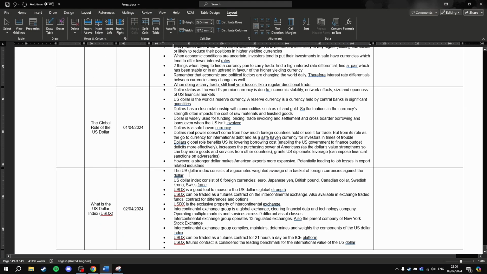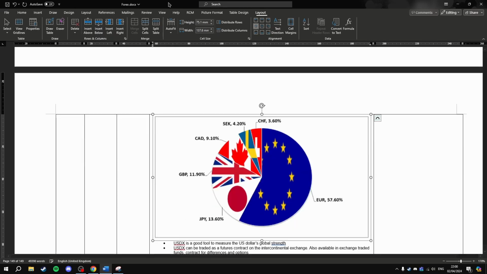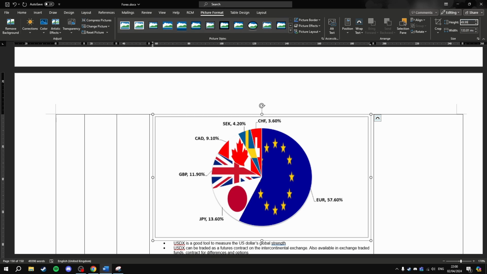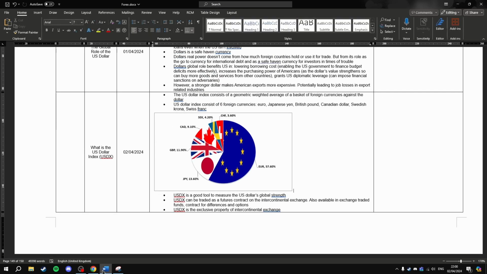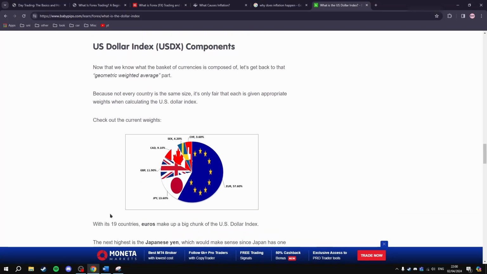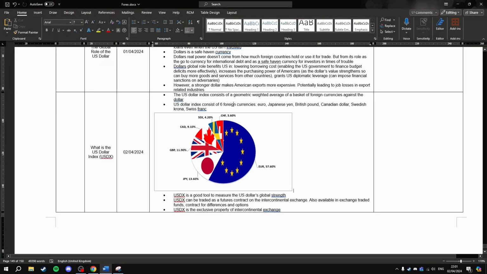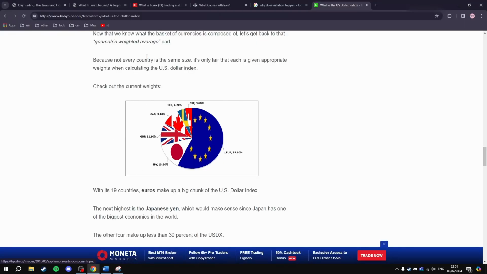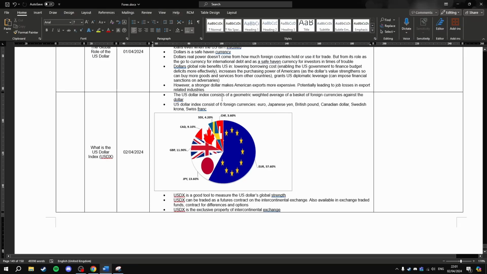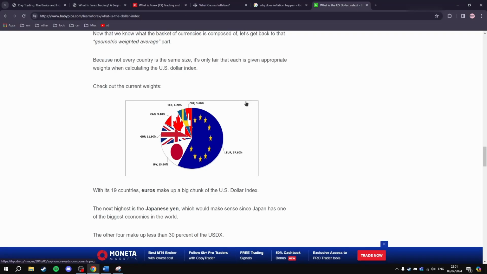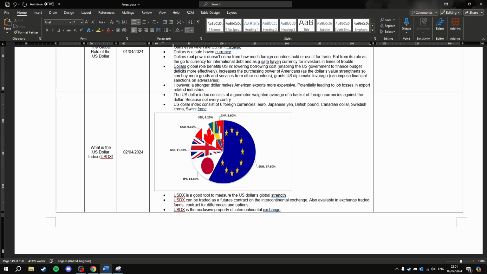Let's go back to this. Geometric, it's only fair that each country is given appropriate weights, because not every country is the same size.